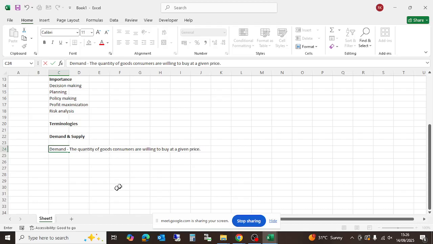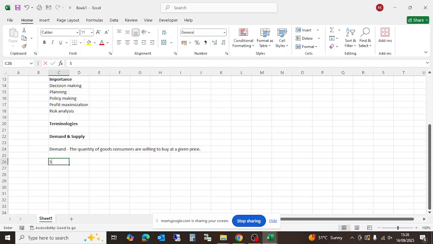The amount of goods your customers are willing to buy at a given price. So let's say, for instance, you produce 40,000 units of your products, and then your customers only buy 20,000. It means the demand is half. The demand is only 20,000 for those products.